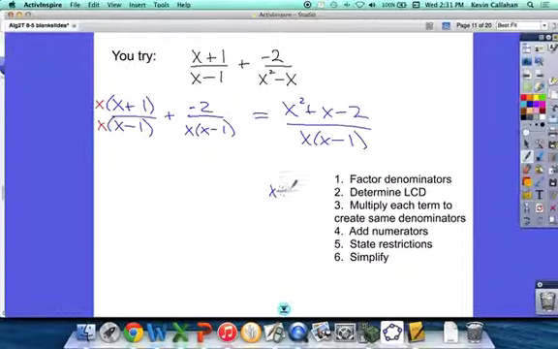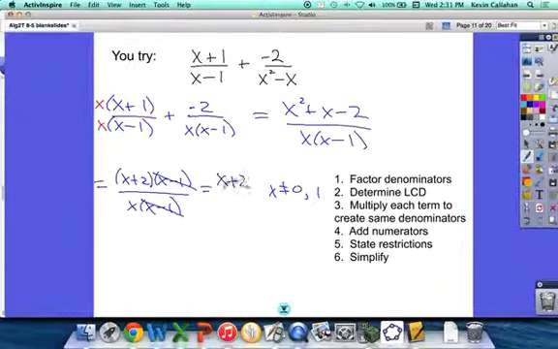So x does not equal 0 and 1. And now, with that numerator, we're going to say x plus 2 times x minus 1 divided by x times x minus 1. And of course, now you can cancel a common factor in the numerator and denominator. And what's left? X plus 2 over x, comma, domain.